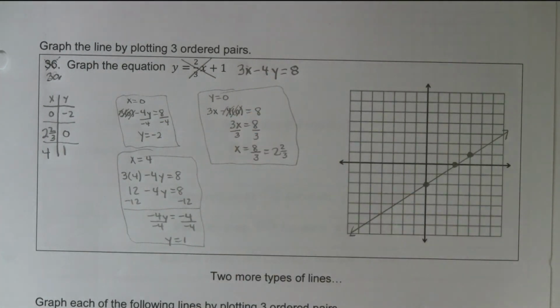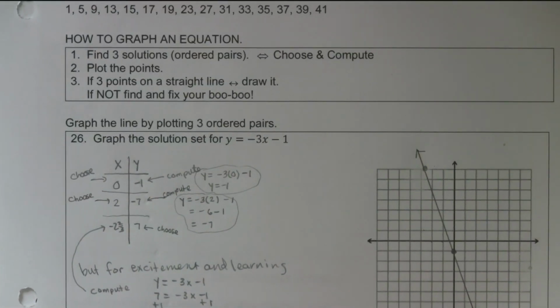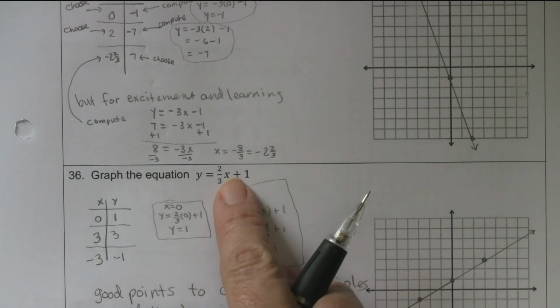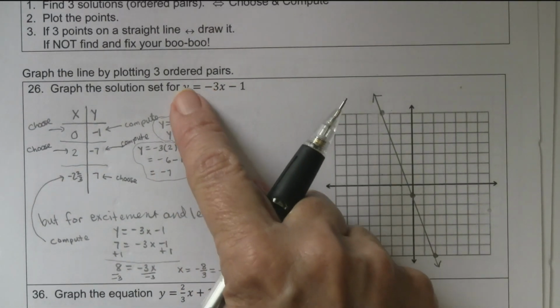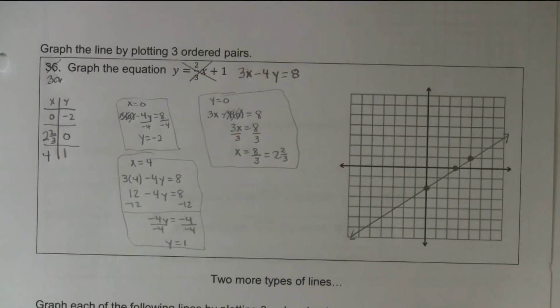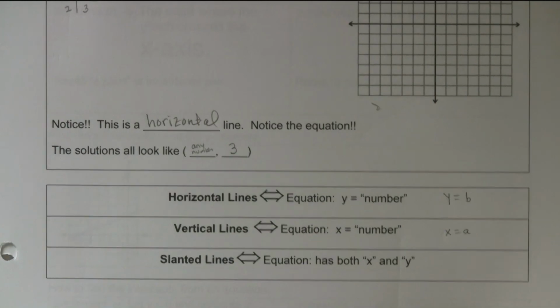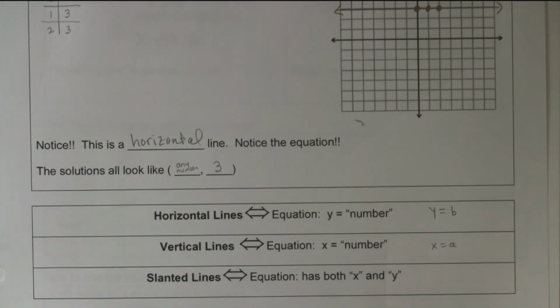So every slanted line has x and y. So that's true. And you can go back and look at others that we have done and see that that is the case. And so that is the end of 2.3.